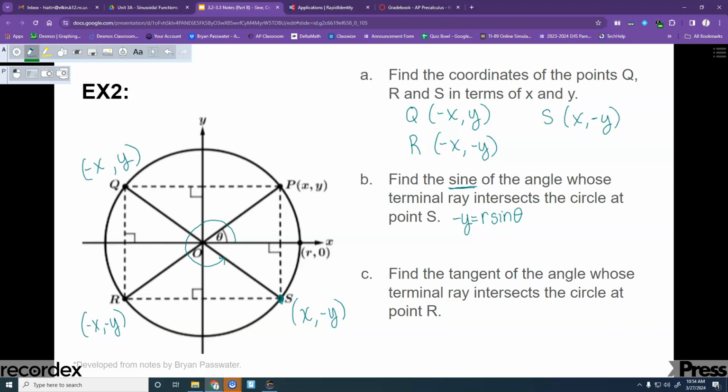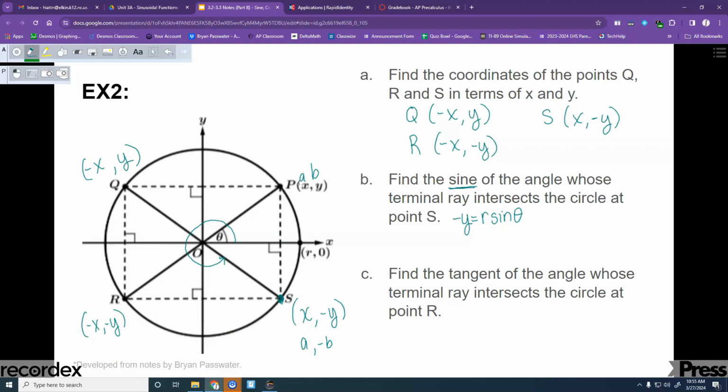It's negative Y, so that should be a negative right there. My formula is that y equals r sine theta. I'm taking this negative Y and plugging it in for the y because it is at this point. Does that make sense? If they had used like an A, B, it would make a little more sense. If this was A, negative B, we'd plug in a negative B right there. But they didn't do that.